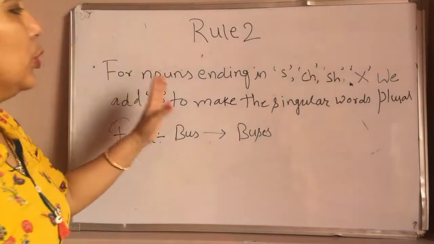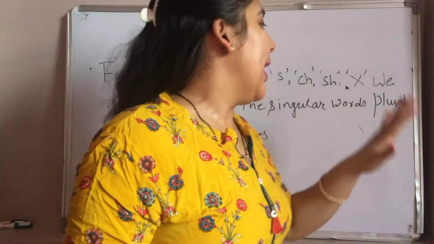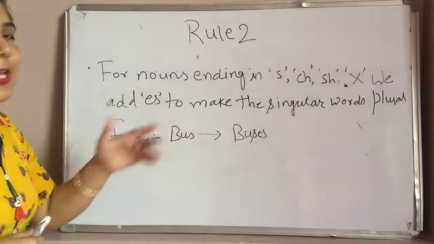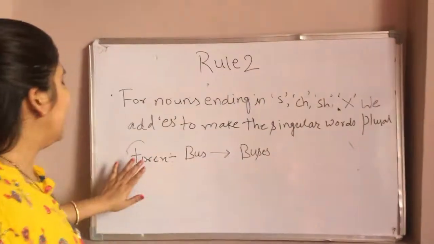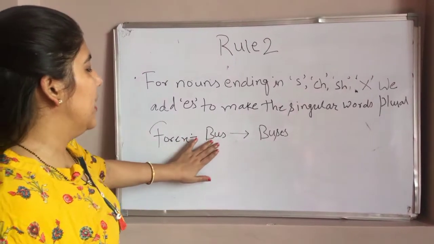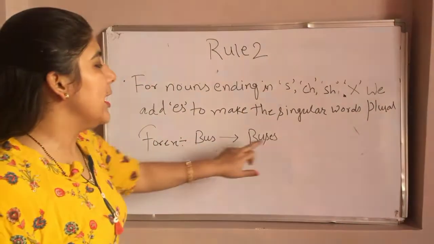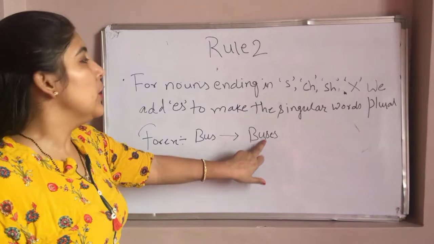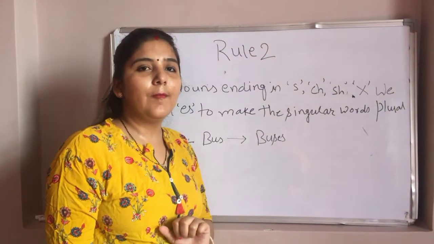In rule 2, for nouns ending in s, ch, sh, x and o, we add es to make the singular word plural. For example, bus. Bus is a singular form. Now we convert it into plural. We add es. Why es? Because there is s before es. So we add es.